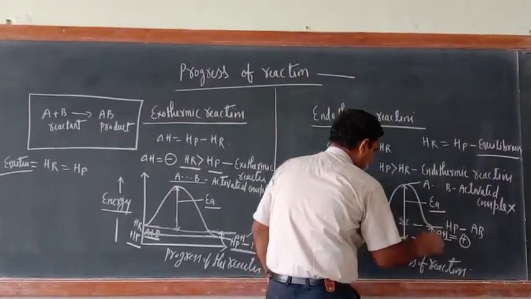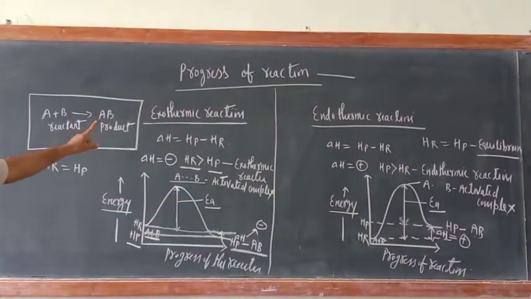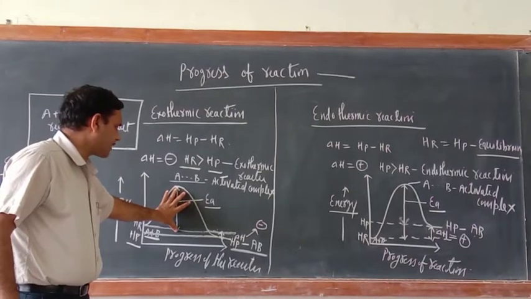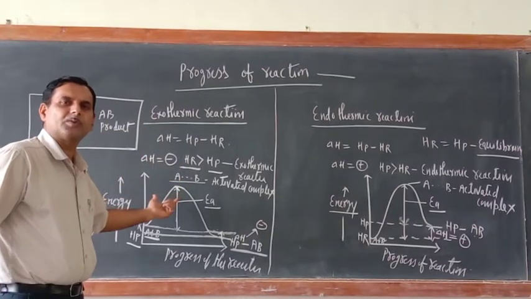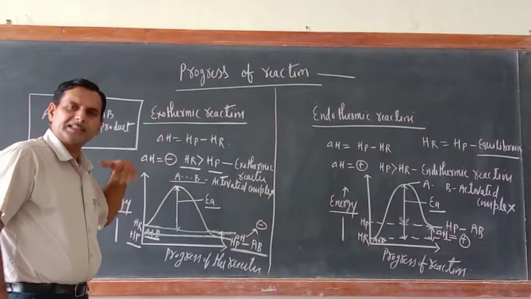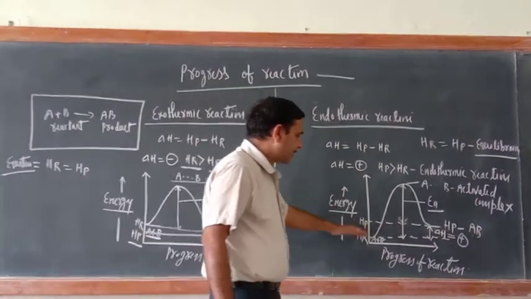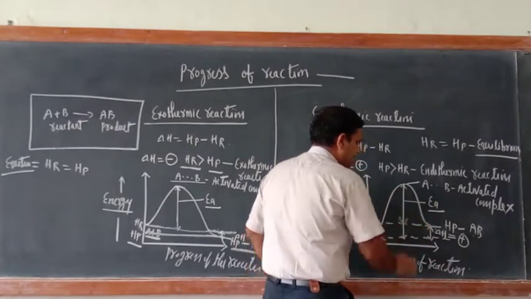So if you see clearly, in exothermic reaction case, the activation energy required is that much only. Means when the energy of the reactant is more, then a smaller amount of activation energy is required. When the energy of the reactant is less, you just see that much amount of energy is required.